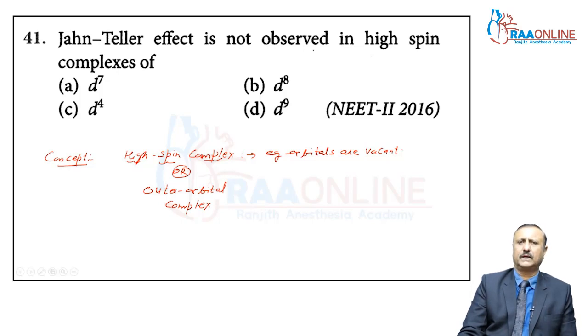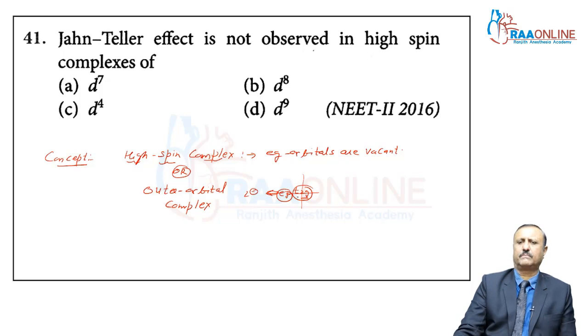And in this, the Jahn-Teller effect is the effect when ligands come close to the t2g orbitals. These t2g orbitals, my dear students, are not present in front of the ligands. And the eg orbitals are present in front of the ligands. So repulsion occurs, and the eg orbitals repulsion is minimum, and this distortion is called Jahn-Teller distortion or effect.